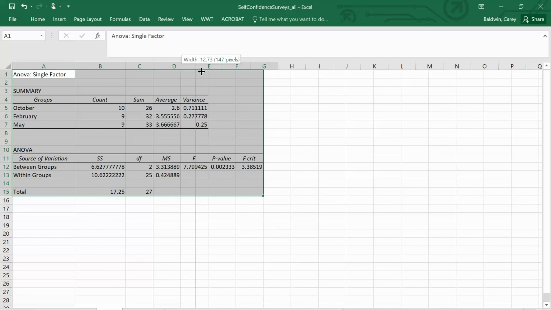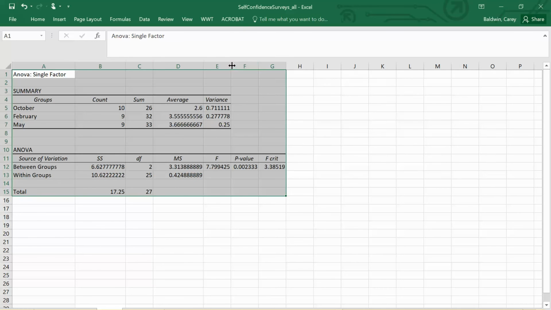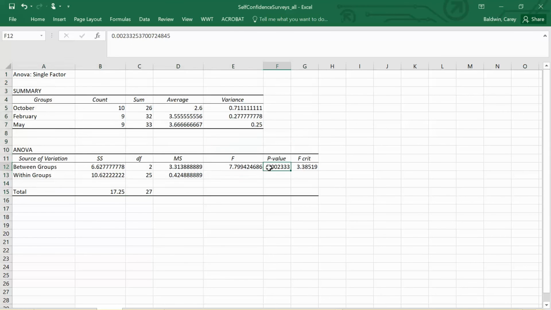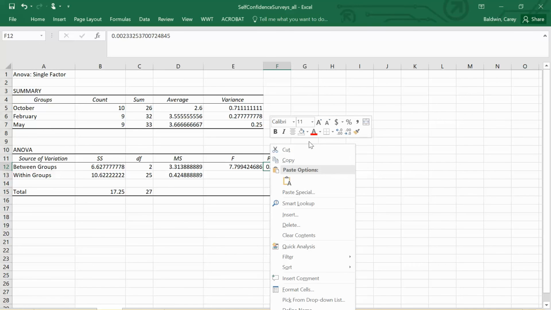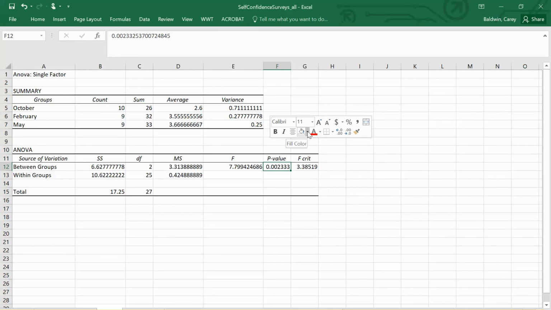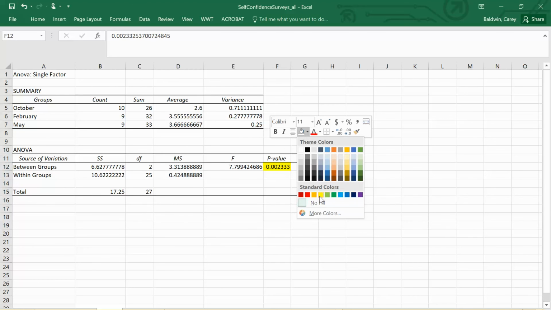So what I get are the means, the averages for each month, the variation, and then this guy is a really important thing here. This is the p-value, this is the probability. So if this thing is really small, then that's good news. Let's see if I can fill it. Yeah, okay.